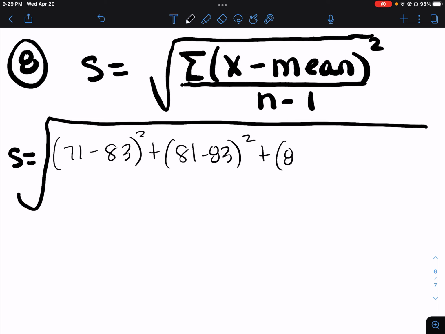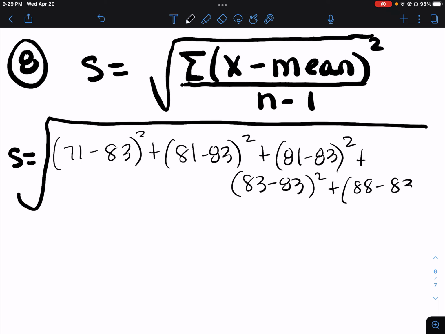Okay, there were two 81s. Okay, 83 minus 83. 88 minus 83. And 94 minus 83. Okay, each number subtract the mean.